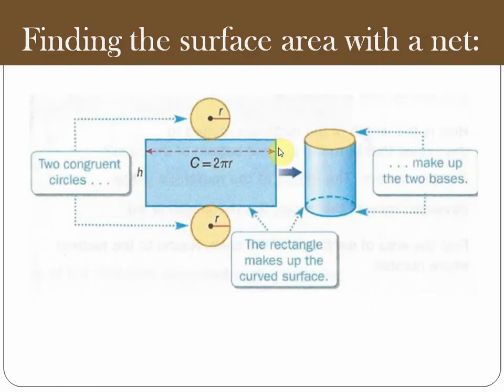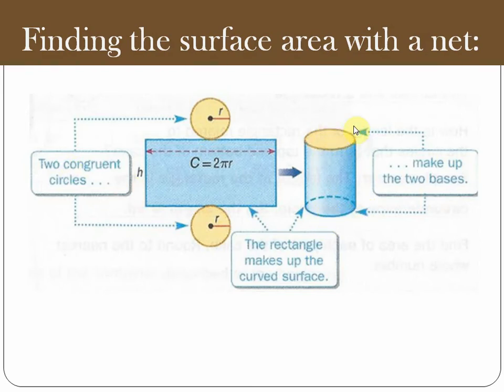Here you can see that this is the curved surface of the cylinder, in blue color, and the upper and lower lid of the cylinder are circular in shape. If one side is closed, we have only one base of the cylinder. If both sides are closed, it is like a tin, like a Pepsi can or Coke can. When we calculate the surface area of the Pepsi can, we calculate the curved surface area as well as add the upper and the lower lid of the cylinder.